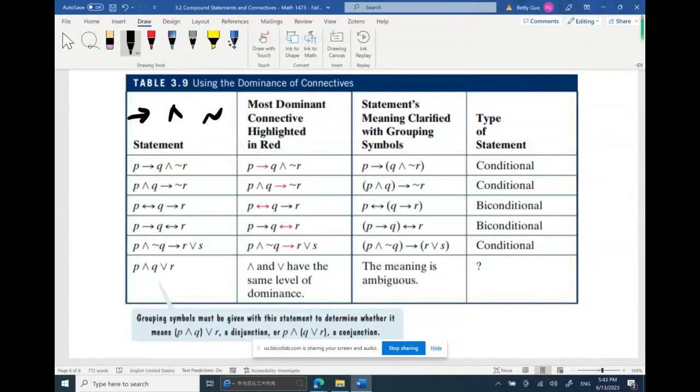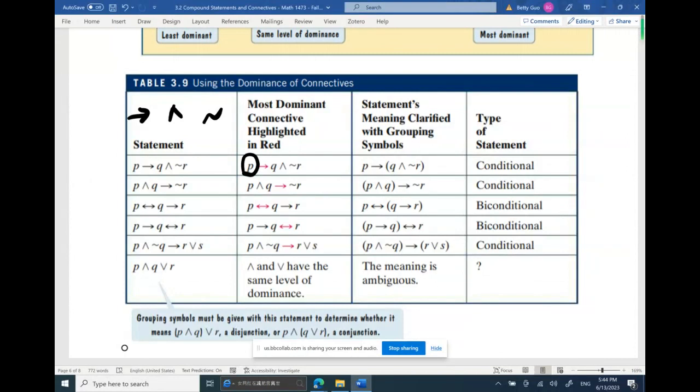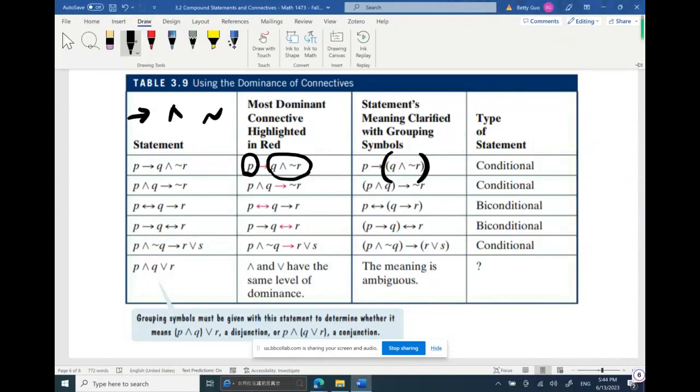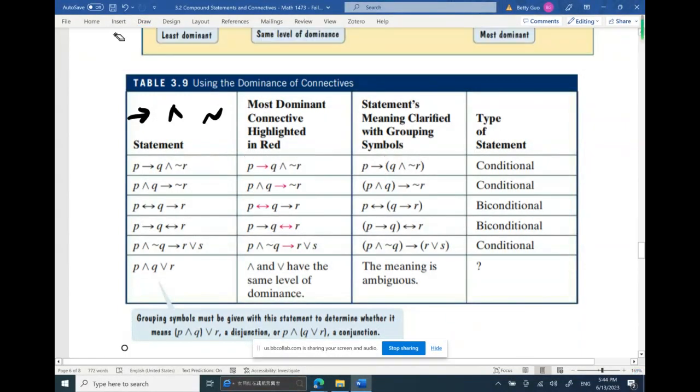So whatever is to the left of the conditional symbol is the antecedent, and whatever is to the right of the symbol is the consequent. So we can translate this compound statement as: if P, then Q and not R. Sometimes we put parentheses to frame the consequent together to make the structure even clearer. But without the parentheses, technically, it is still correct.